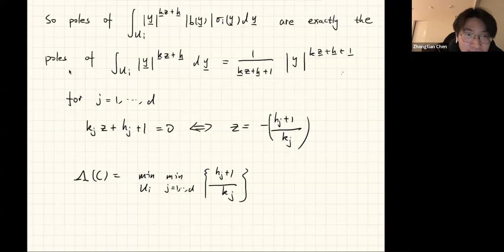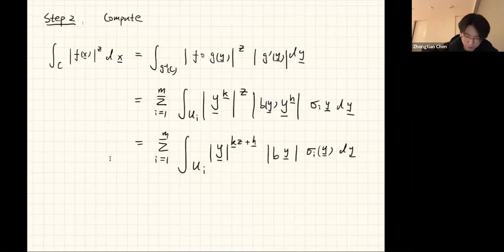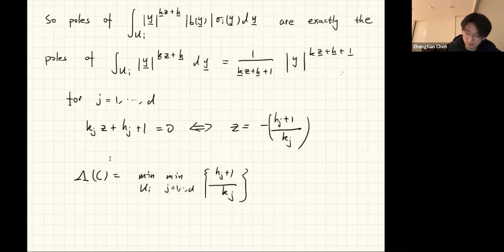So the poles are okay. Yeah, we want to figure out the poles of this function, and then we apply the resolution of singularity, we actually compute where the poles are.